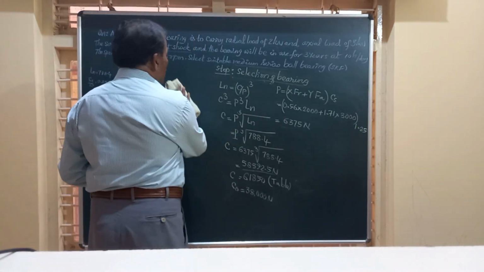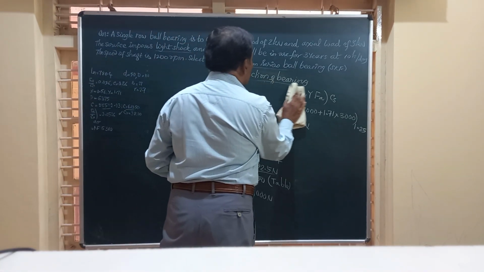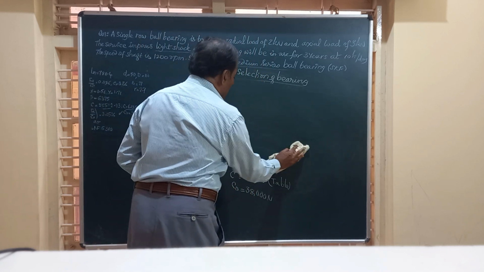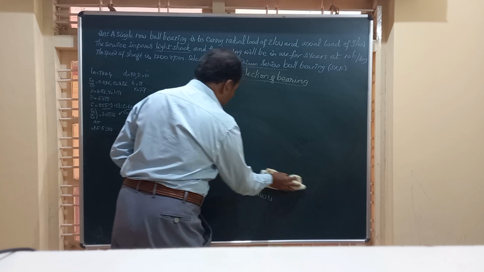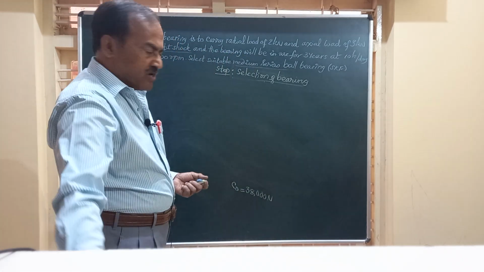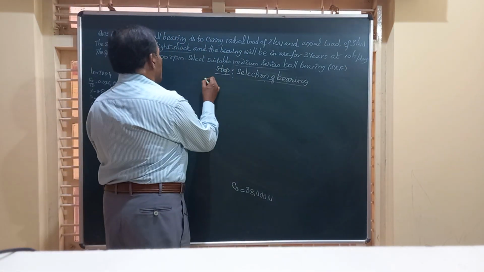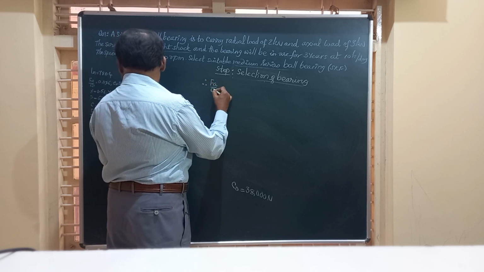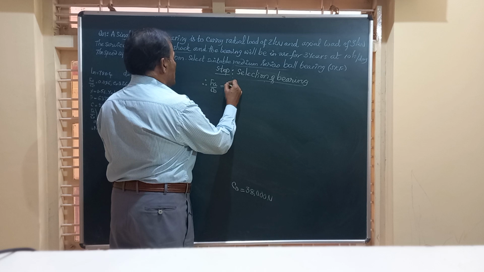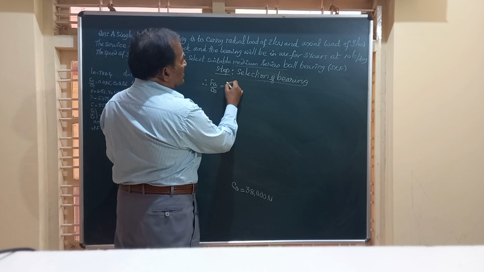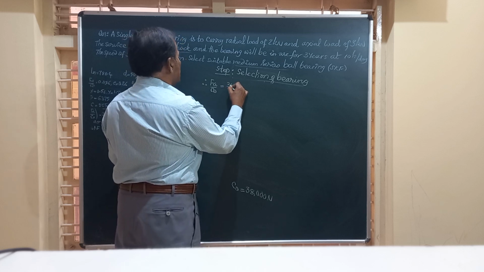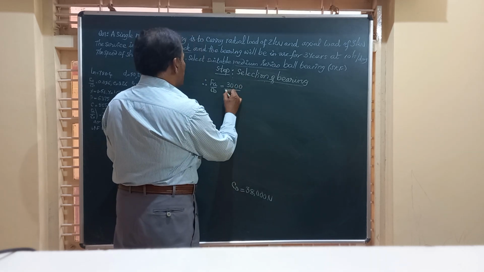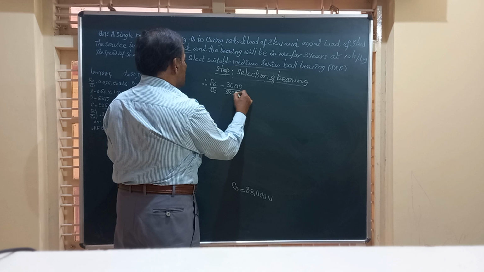Friends, now we will check what is the actual value of FA over C naught. We have C naught with us. FA is already given in the question. Therefore, FA over C naught is equal to FA, the axial load is 3000 Newton, and C naught is 38,000.